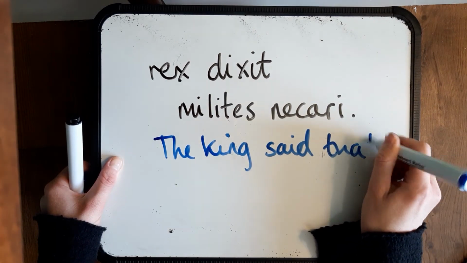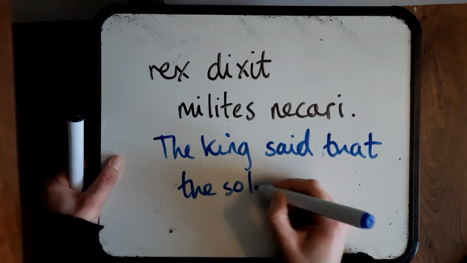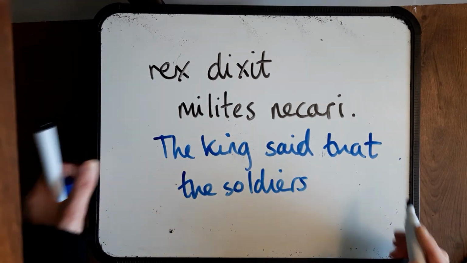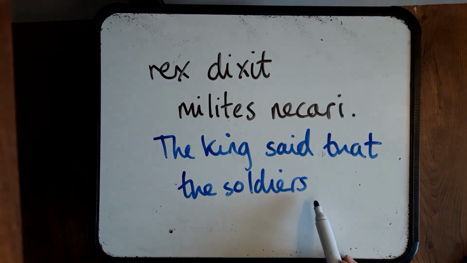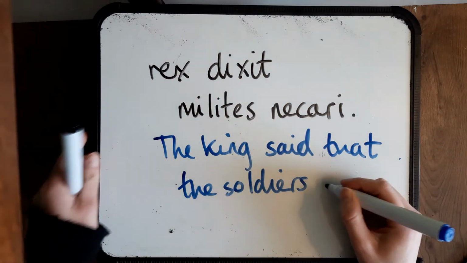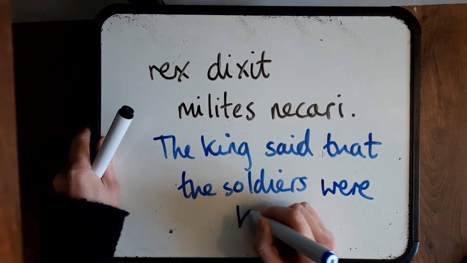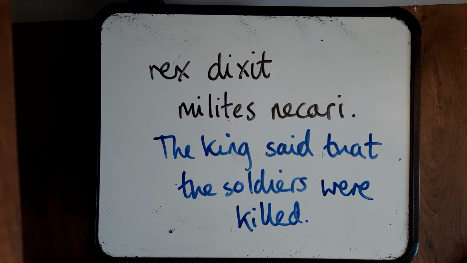Then we insert the that, okay? Then we translate our accusative, the soldiers. Now, this is a present passive infinitive, but we can't say are killed because this has gone into the past. So instead, we have to say were killed in the past.